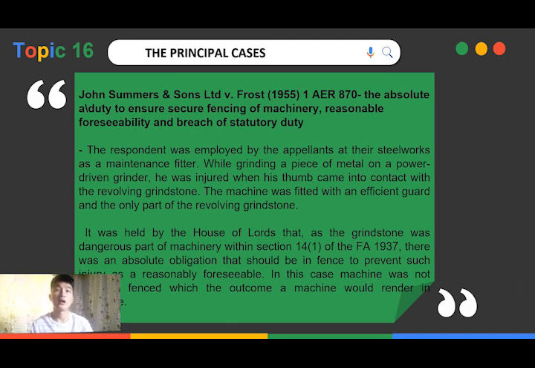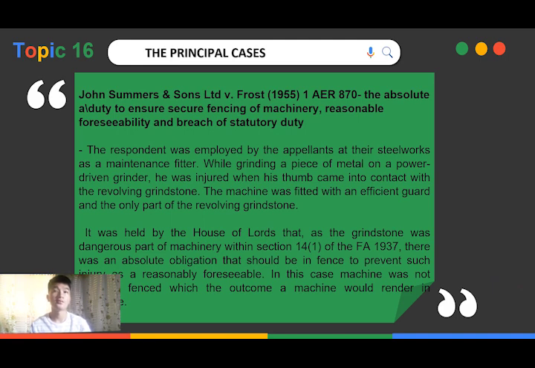So in this case, as we interpret this, the machine was not fenced securely. That's why the injury happened: this man injured his thumb due to the lack of fencing of those machineries, which causes injury to a worker.